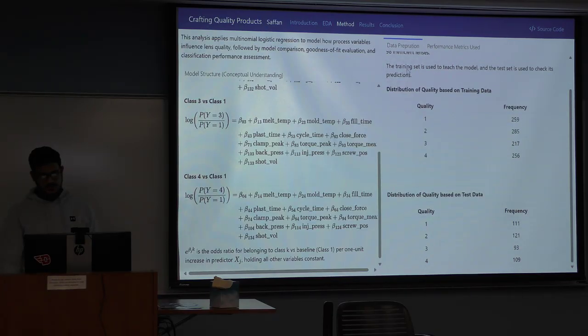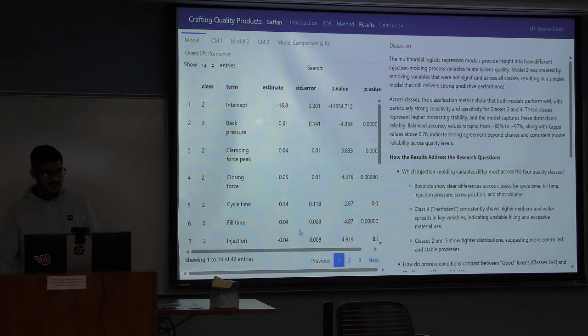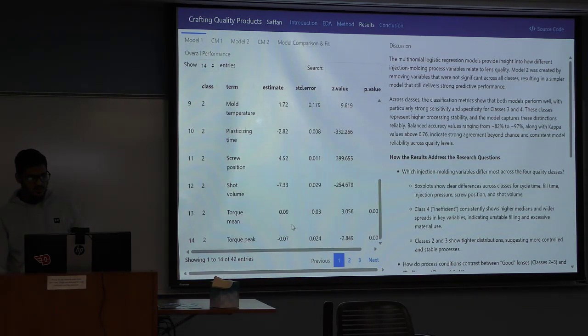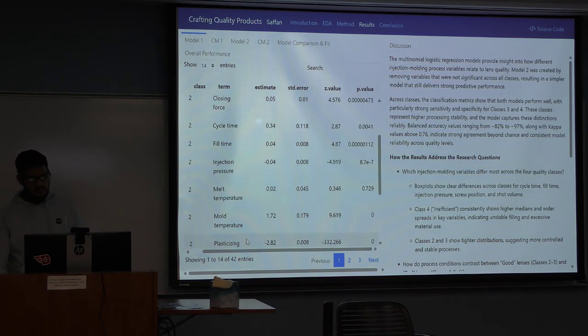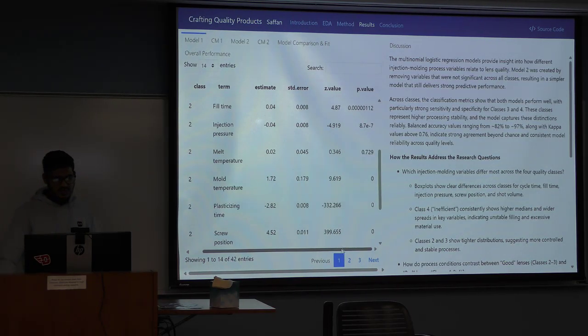Here I used a performance matrix, where the major criteria were accuracy, sensitivity, and specificity, to look for the variables that affect the analysis the most. For the first model, I used all of the variables, and they are ranked by their peak values.